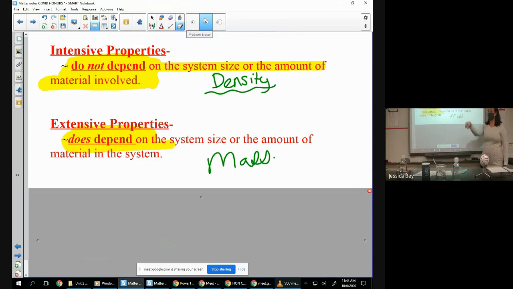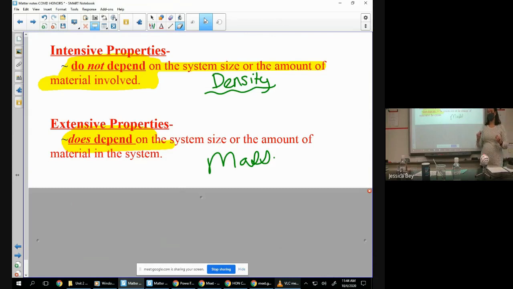If I put 1 penny on the scale and it said 2.5 grams, if I put 10 pennies on the scale, would the number of grams change? Yep. If I put 100 pennies on the scale, would the number change? Yes. So extensive does depend on how much you have, and intensive does not.